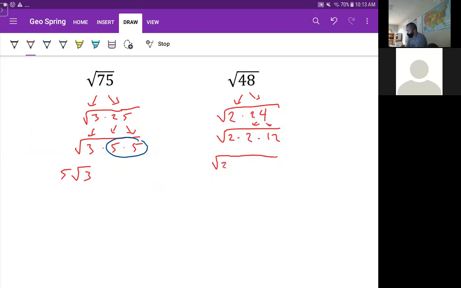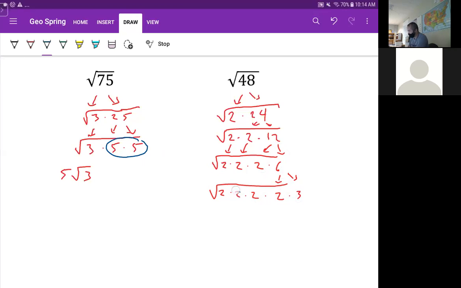We've got 2, 2, so that comes down, that comes down. 12 breaks down into 2 and 6. So 2, 2, 2, and then 6 breaks down into 2 and 3.